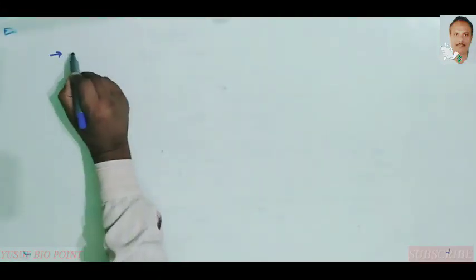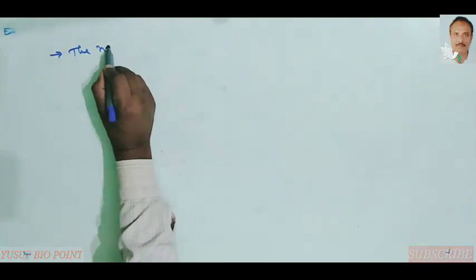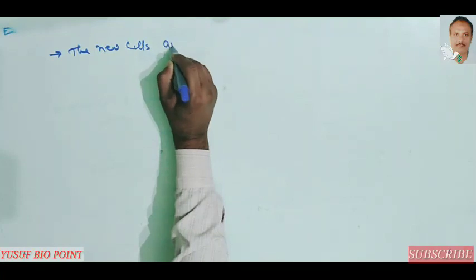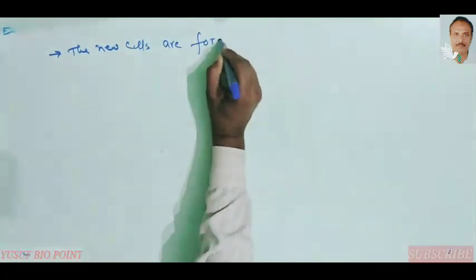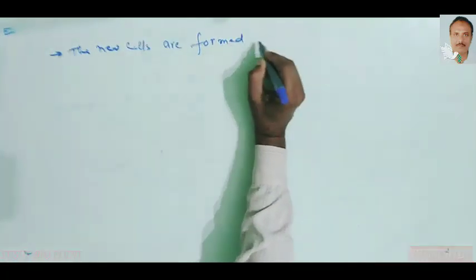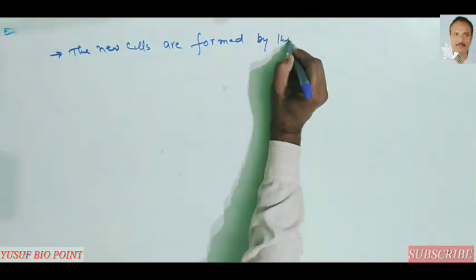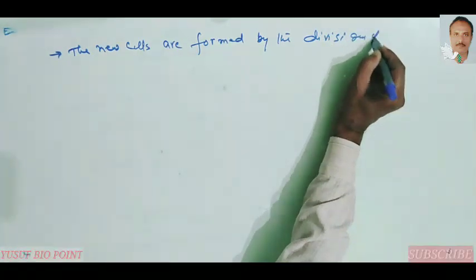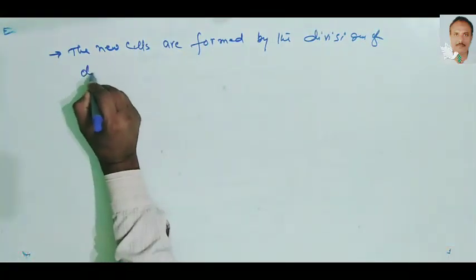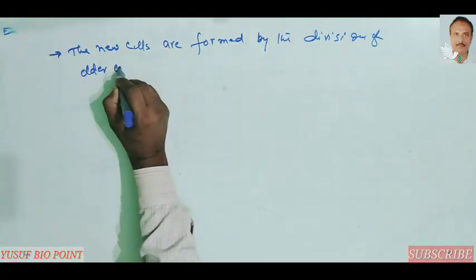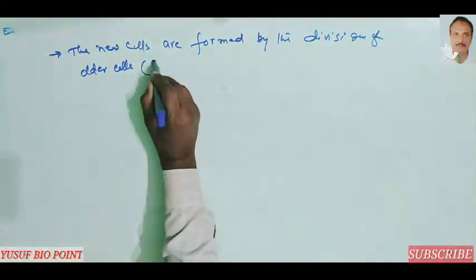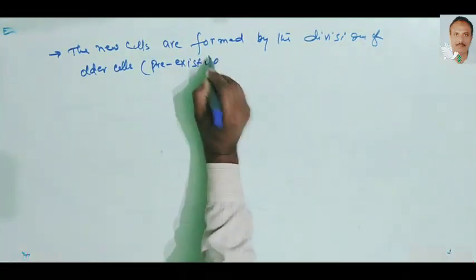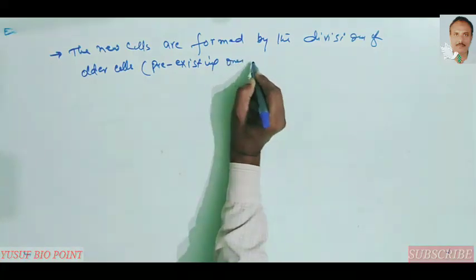Next, new cells are formed by the division of older cells, that is, from the existing ones.